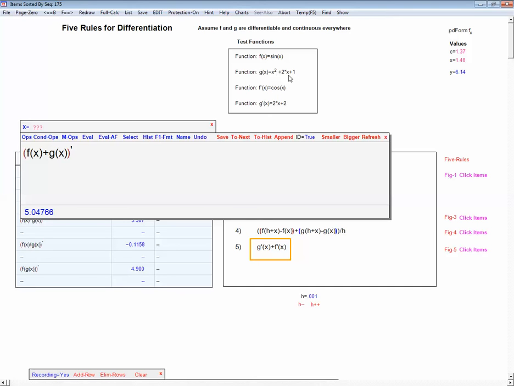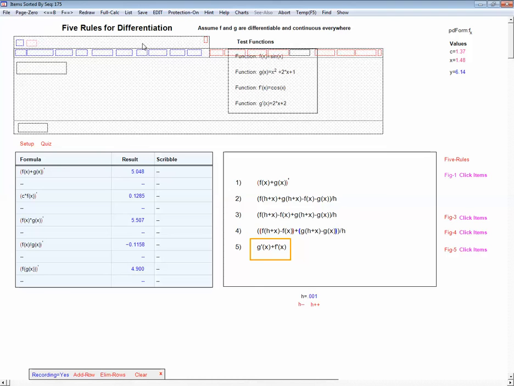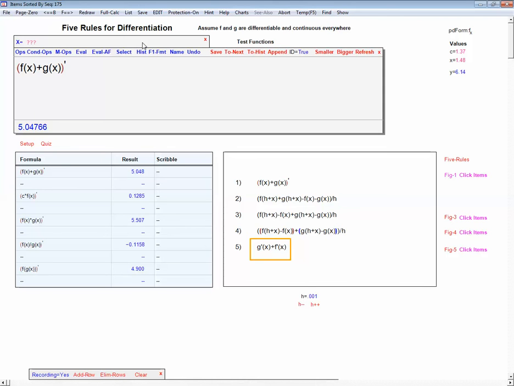And this is a polynomial, and we know how to differentiate all of the terms of that, and that's this thing here. So in a way we're using the thing we want to prove to get this derivative. So it's a little bit of circular reasoning, but not really, because this g could stand for anything. So we're proving this for an arbitrary g and just using the test functions as a numerical check.